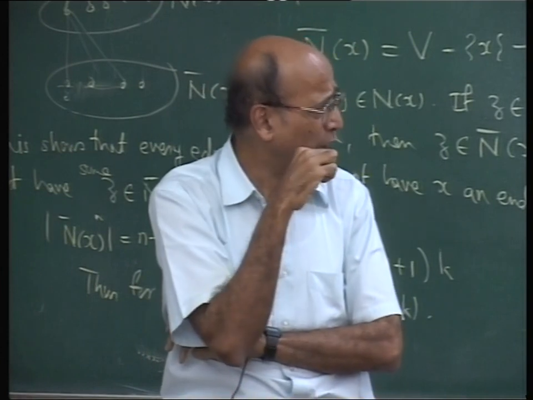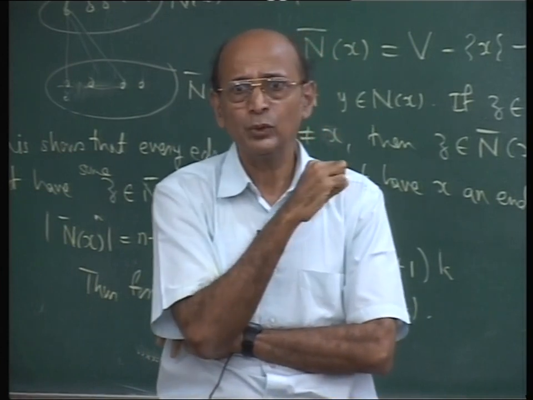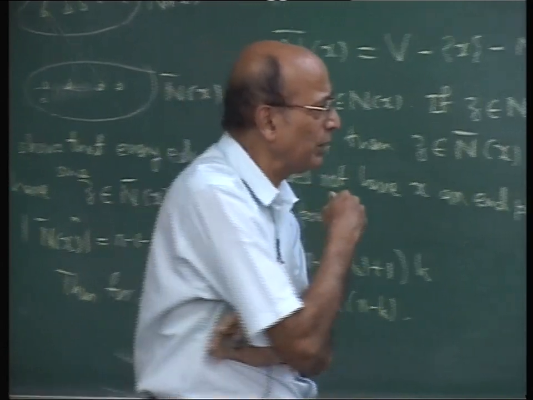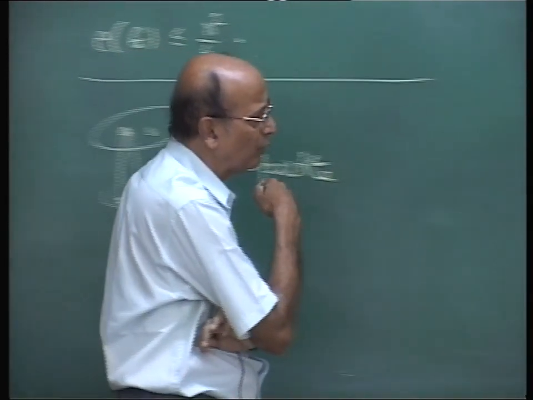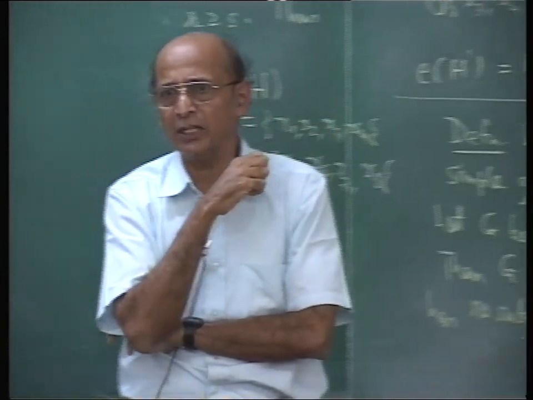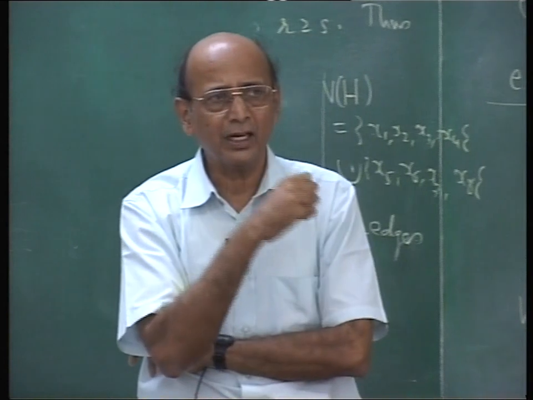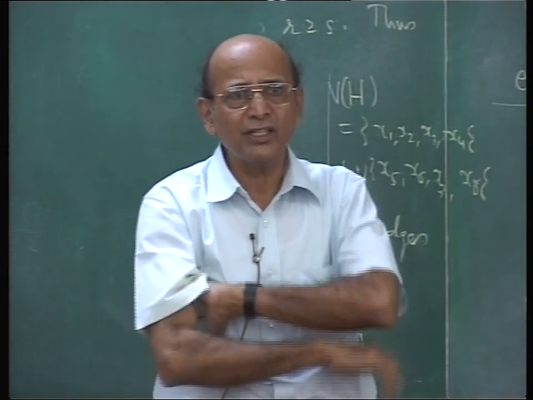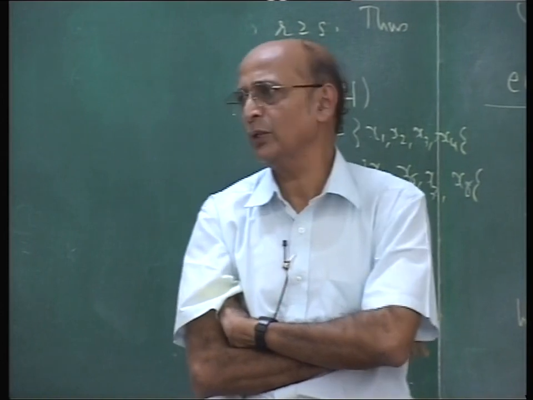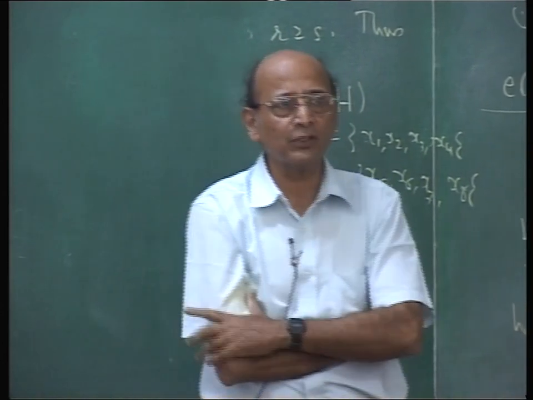And this is called Turan's theorem. This whole thing opened up a branch of graph theory, what is now called extremal graph theory. Under certain constraints, what is the largest thing that you can get, what is the smallest thing you can get, etc. These are problems of extremal graph theory.